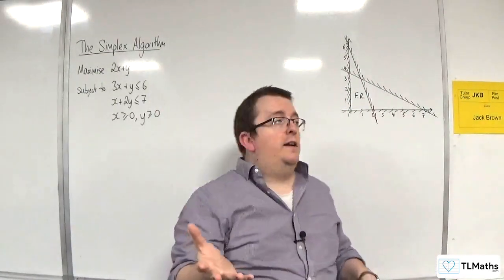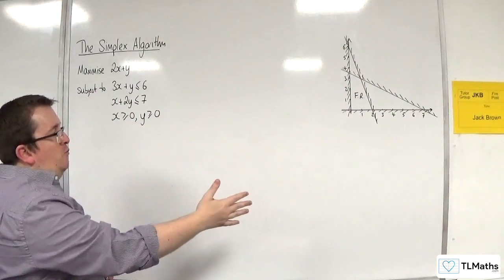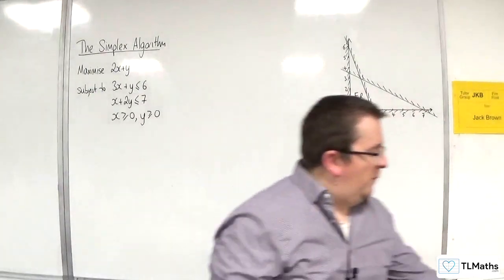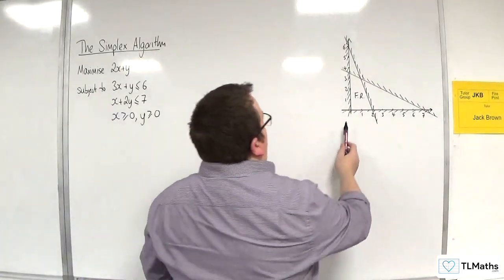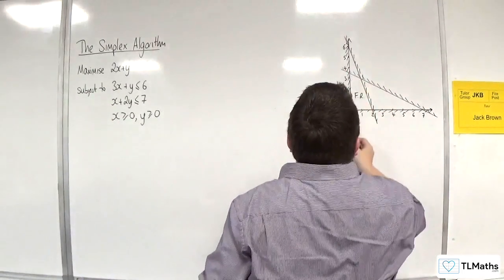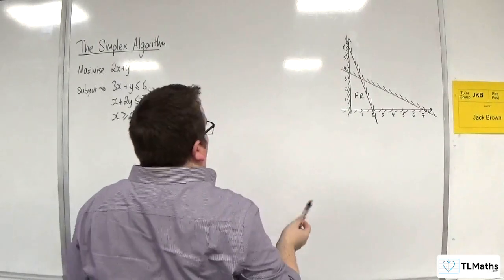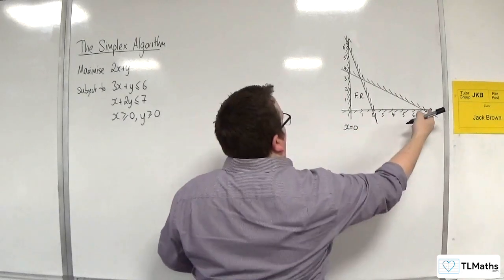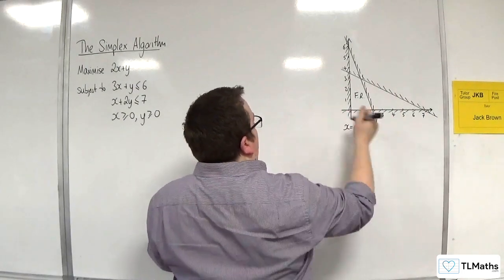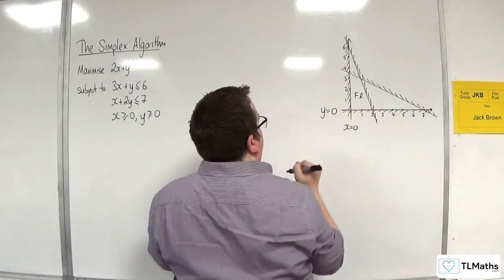Okay, and what I've done is I have drawn the feasible region here. So let's make sure we label it. The y-axis is x is 0, and the horizontal axis, the x-axis, is y is 0.